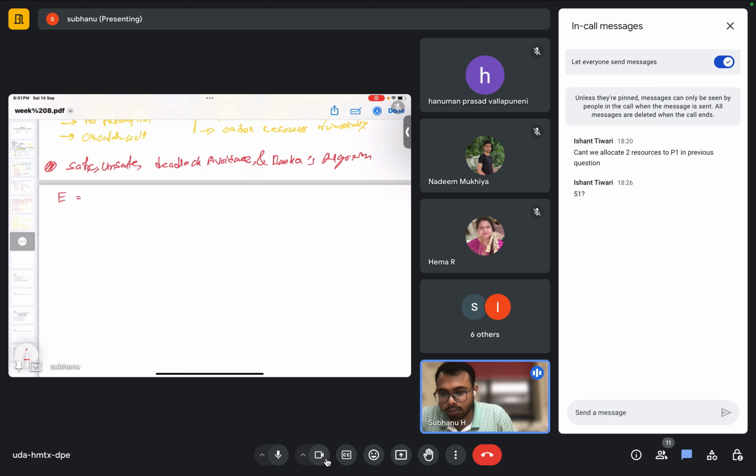So there is something given which is called E. We'll denote E as the total number of resources, with some allocated resources and some available resources. Now we have to find what the safe state is. How will this be given?